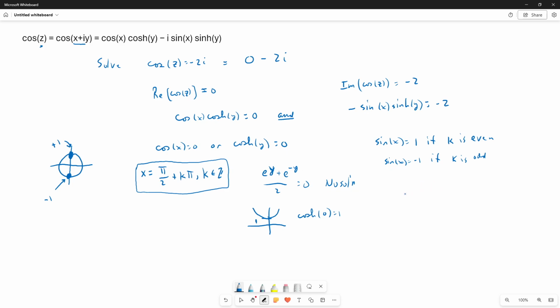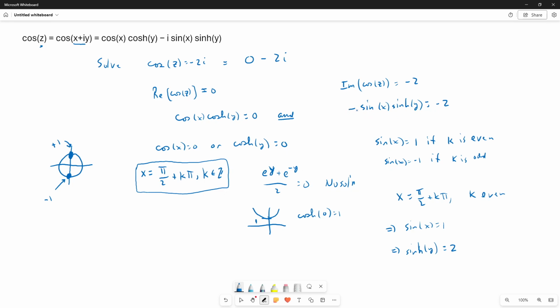Okay, so we have x equals pi over 2 plus k pi, and let's suppose that k is even. That means that the sine of x is equal to 1, and that means that the hyperbolic sine of y has to be 2, because negative 2 equals negative 2. We're putting a 1 in here.